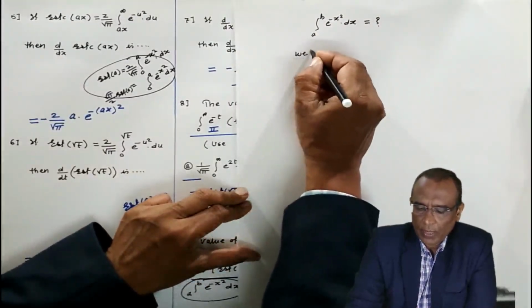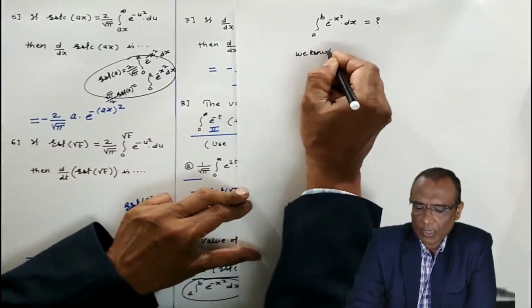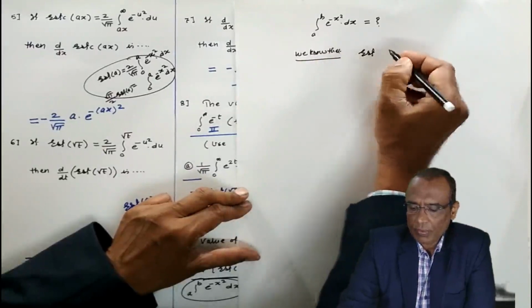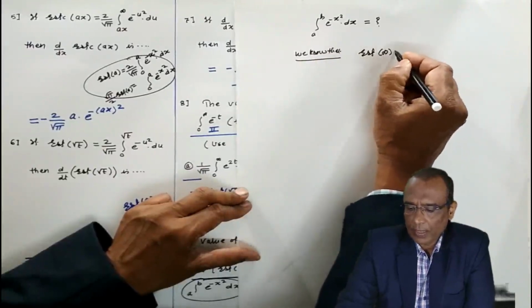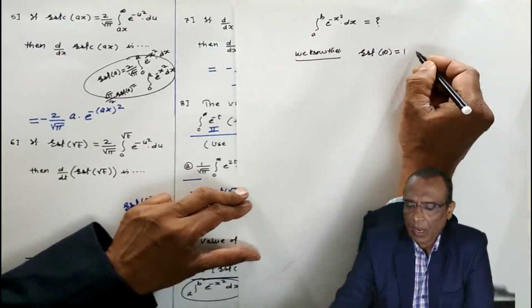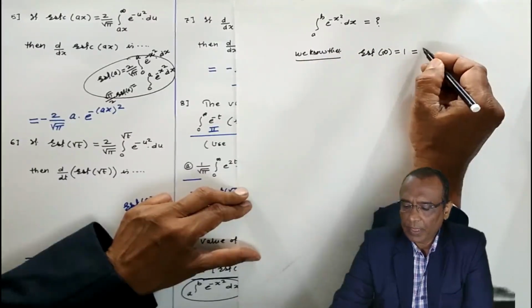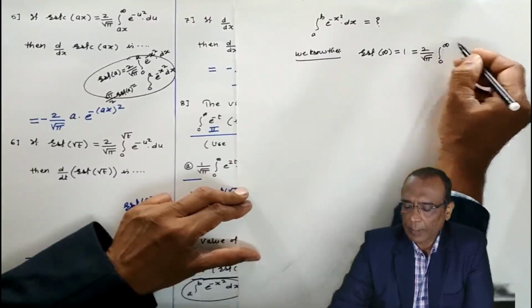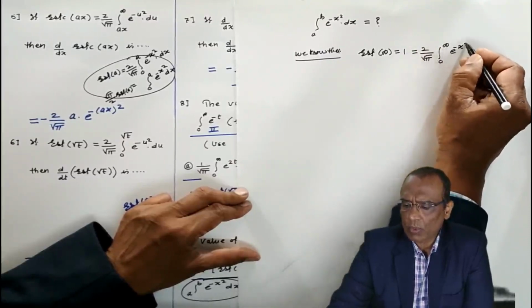Now we know, I am going a little bit fast, that the error function of infinity is 1, and error function of infinity can be written as 2 by root pi integral 0 to infinity e to the power minus u square, or minus x square.